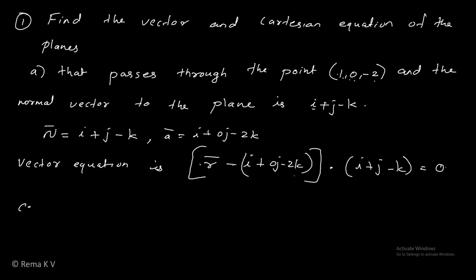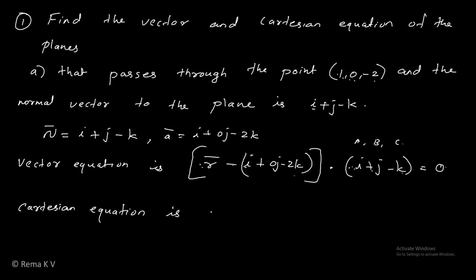Then the Cartesian equation can be written as, see, the scalar components of the normal vector are to be taken as a, b and c. So it is 1, 1, minus 1. And here x minus x1, y minus y1, z minus z1.